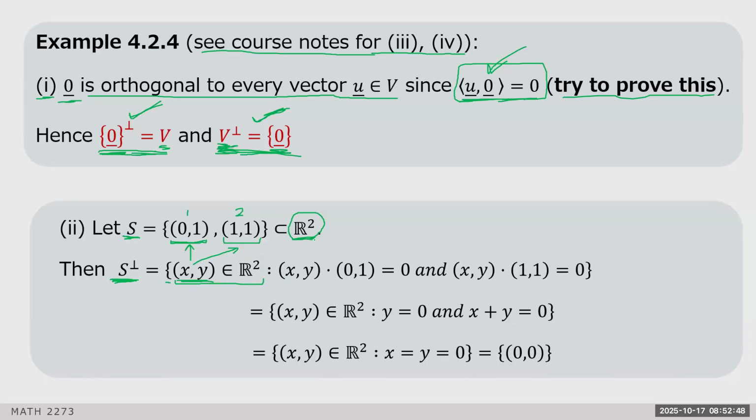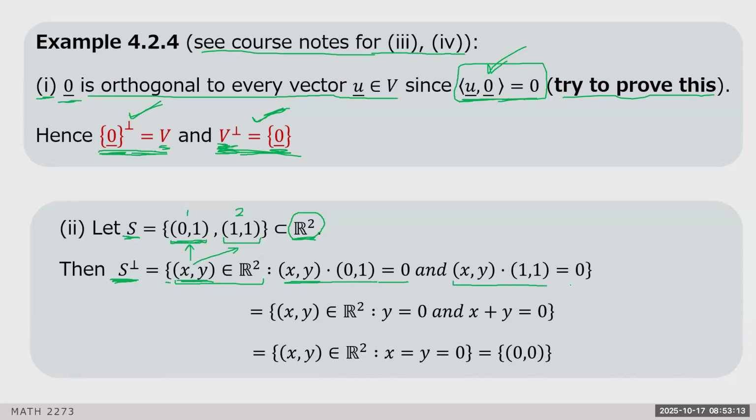So how do we write that? We are in R squared, so we are allowed to use the usual dot product or scalar product. How to say this vector (x,y) is perpendicular to (0,1)? The dot product between (x,y) and (0,1) is equal to 0. And how to say this vector (x,y) is perpendicular to (1,1)?